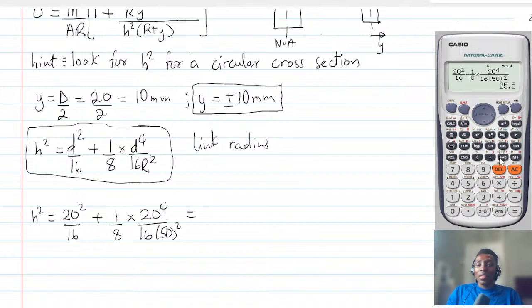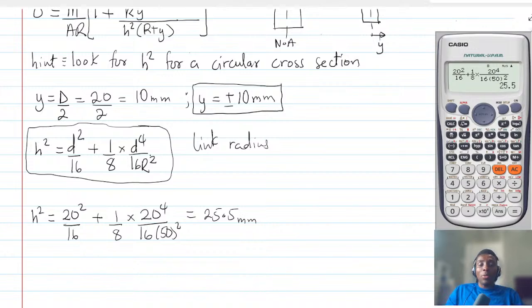And this gives us 25.5. Wow. Now, this is in millimeters.